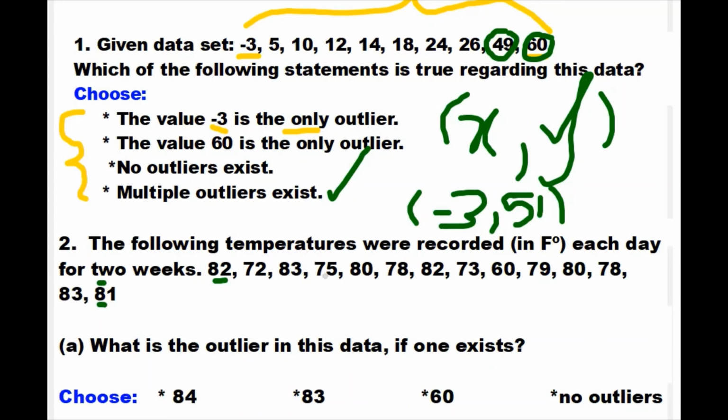So far we are in the 70s and 80s. And then we see a 60, 79, 80, 78. Most of our numbers are in the 80s and 70s. Then we just get a 60. That's definitely an outlier. So yes, 60 is our outlier.